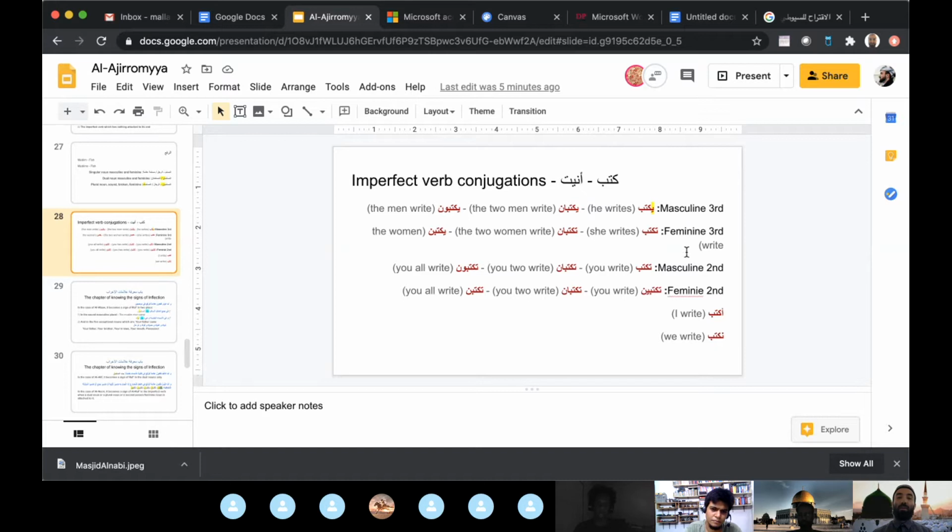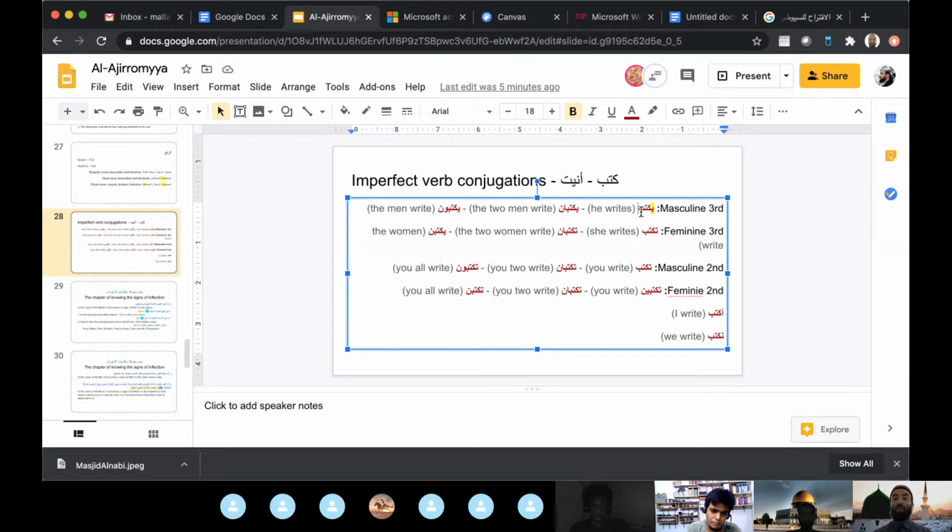What will be different for these verbs when it comes to different inflection is whether you have a dhamma, a fatha, or a jazm, a sukun.